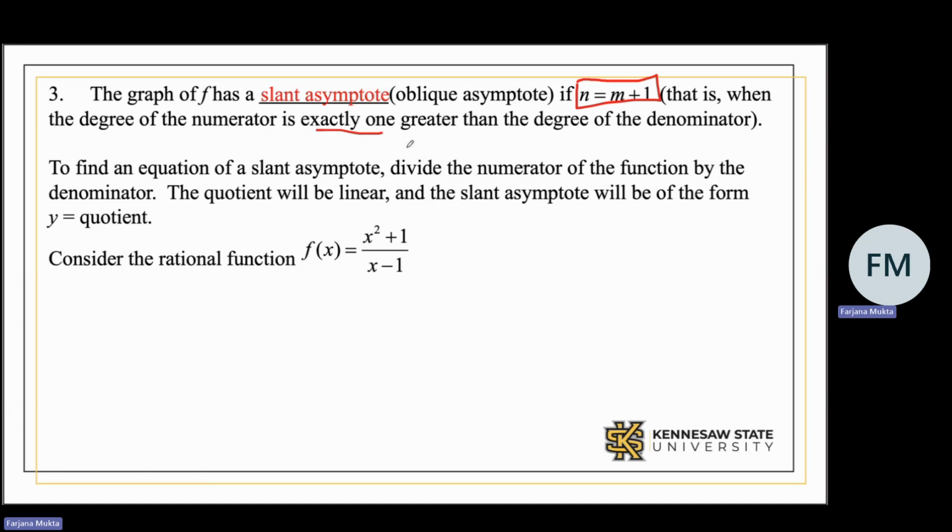If it is, then our function has a slant asymptote. And if it has a slant asymptote, how do we find it? To find an equation for the slant asymptote, we divide the numerator by the denominator. By dividing, we'll find a quotient that is linear, and the slant asymptote will be the equation y equals the quotient that we have found. All right.